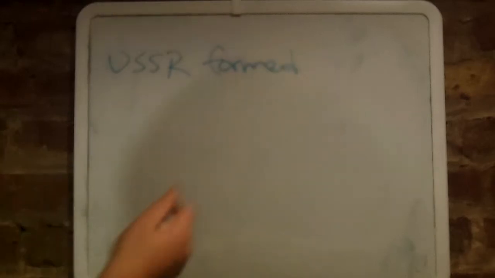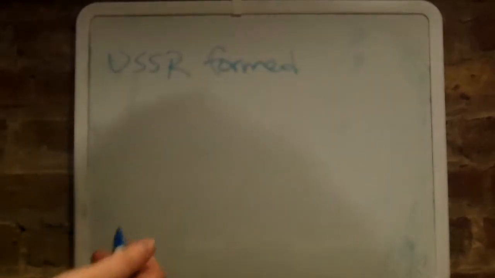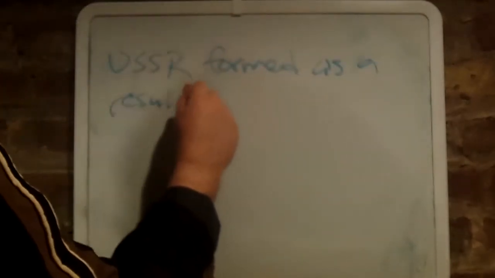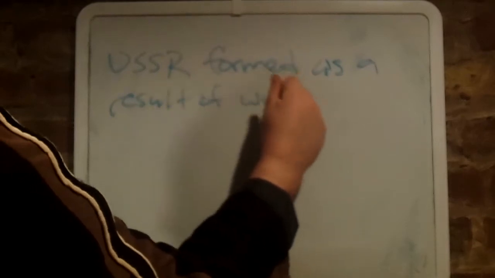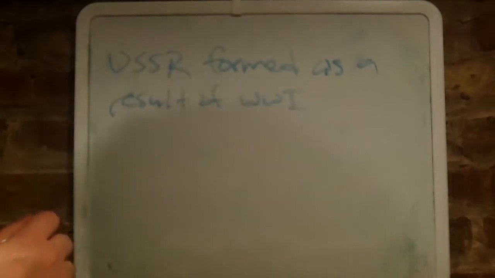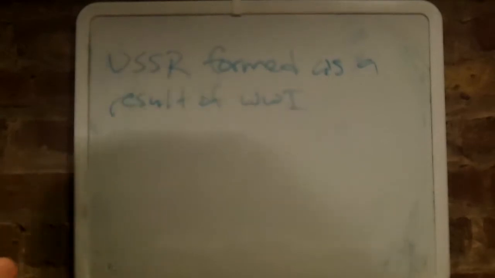So during World War I, the Russian Empire, or simply Russia, was on the same side as France, Britain, and the United States. And the Russians were suffering terrible losses in World War I, and as a result the communists took advantage of the discontent to overthrow the Tsar's government and establish a new nation.